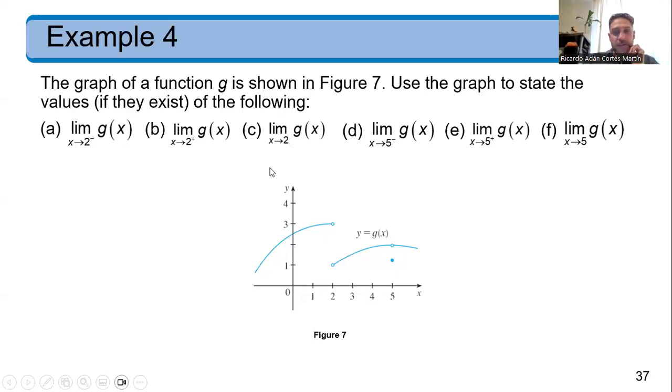Okay, so I invite you to write down what your answers are, and we'll see if you're correct. Okay? So let's see if we got everything right.